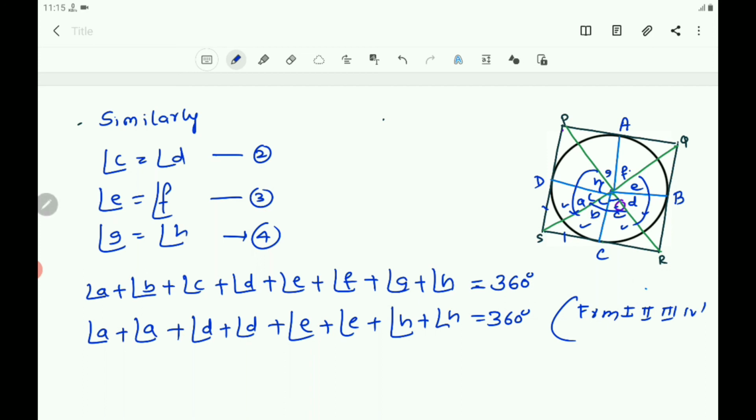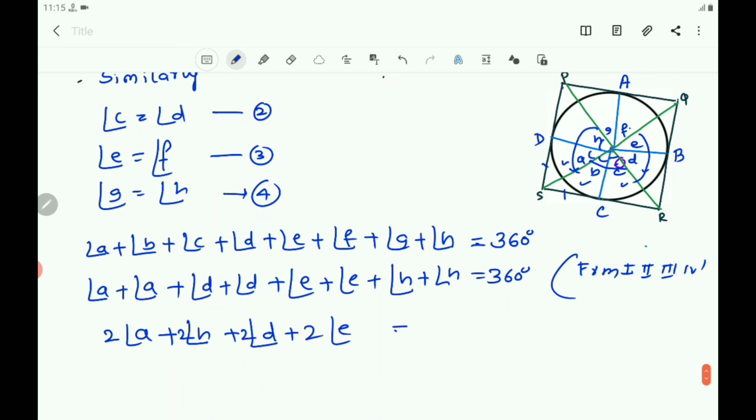And according to the situation, here we have to show that angle POS plus angle QOR is 180 degrees. Then you take in terms of A plus H and E plus D. Then you bring 2 angle A plus 2 angle H plus 2 angle D plus 2 angle E equals 360 degrees.